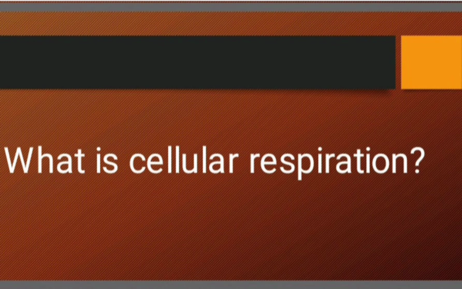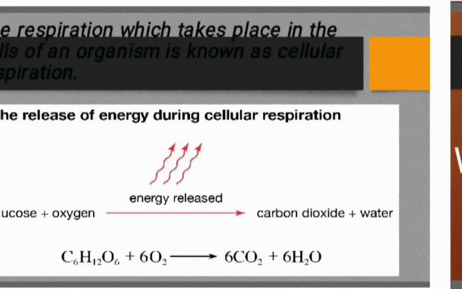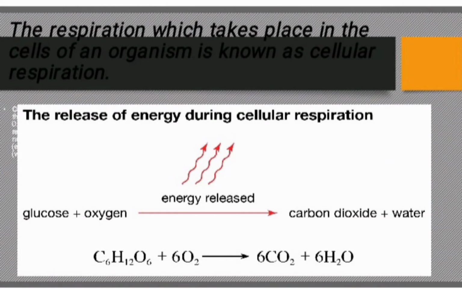So, what is cellular respiration? The respiration which takes place in the cells of an organism is known as cellular respiration, and the release of energy takes place during it.